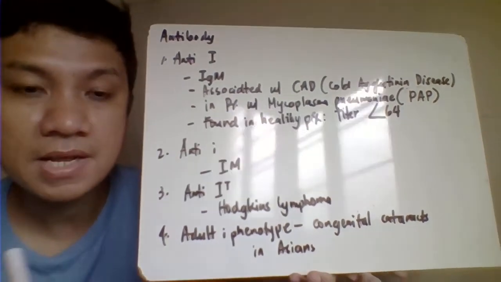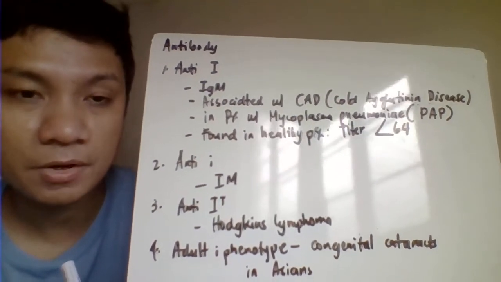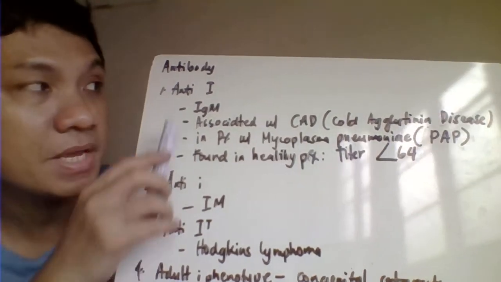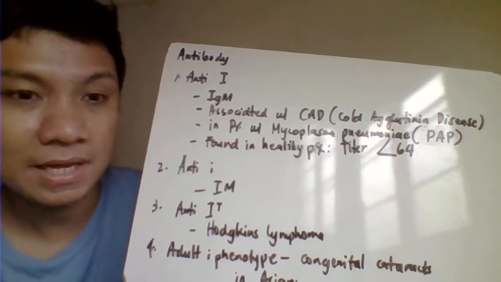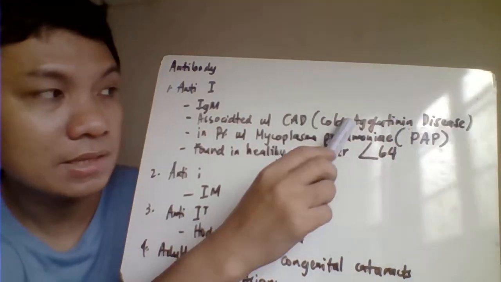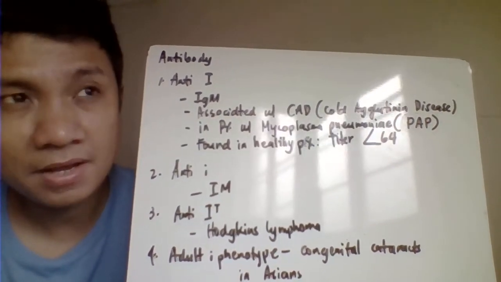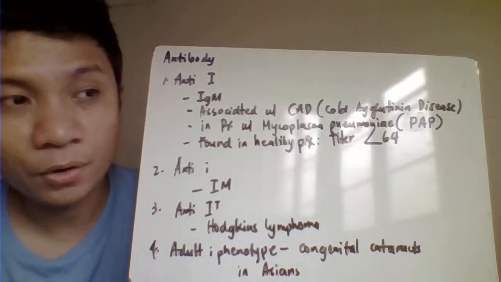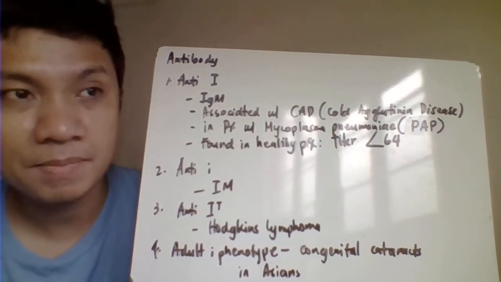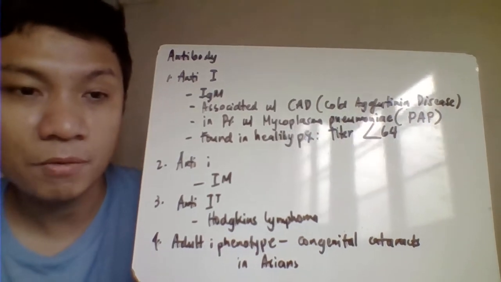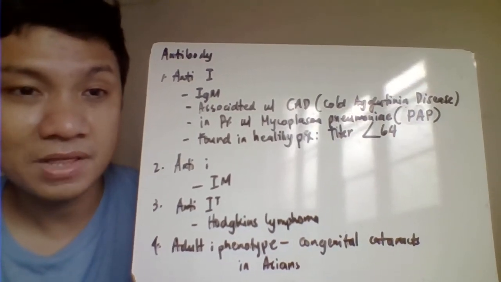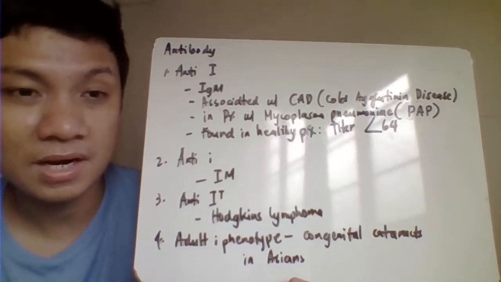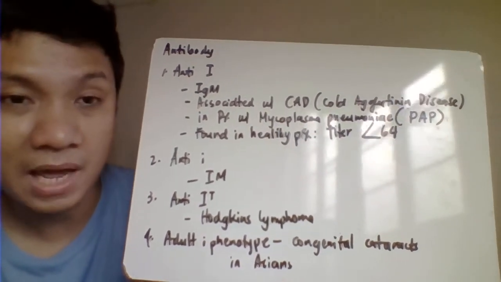Okay, then we also have the antibodies related to your I blood group system. The first one is the anti-I, the bigger I. This one is an IgM antibody, related to CAD or cold agglutinin disease. Earlier, your auto-anti-P was related to PCH, paroxysmal cold hemoglobinuria. Although that one is also cold temperature, that antibody is an IgG antibody, your cold hemolysin, the biphasic hemolysin.